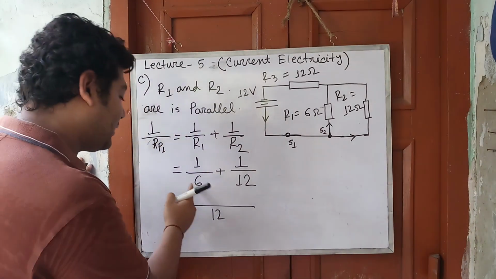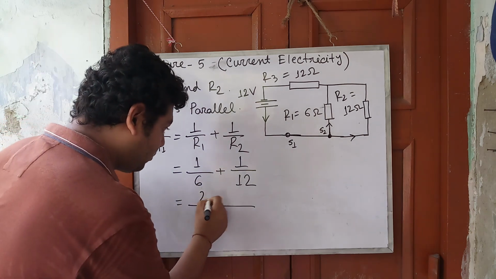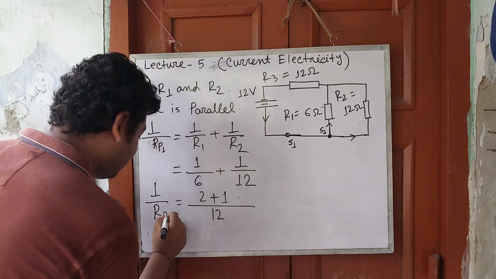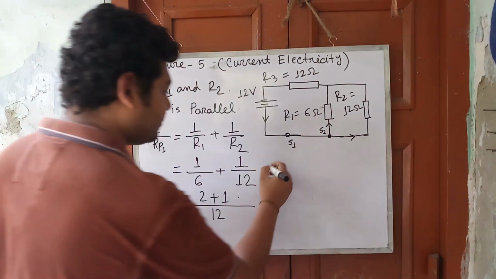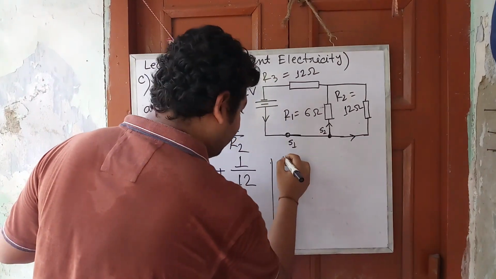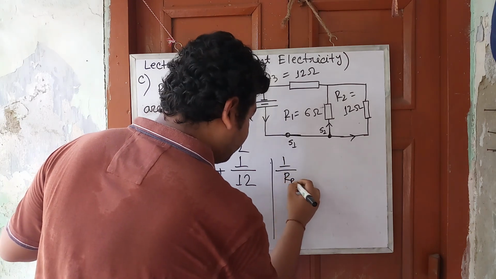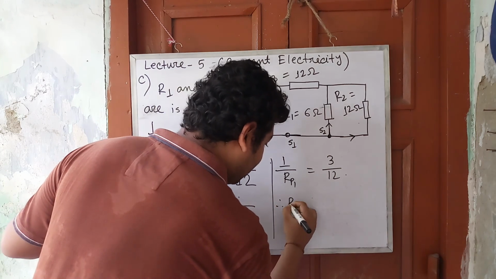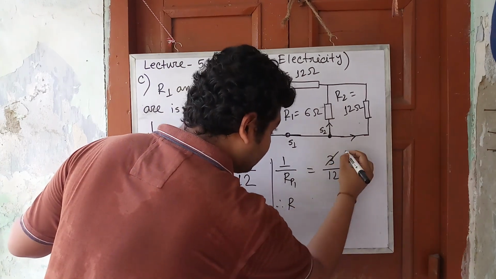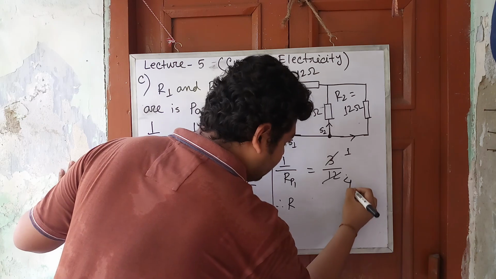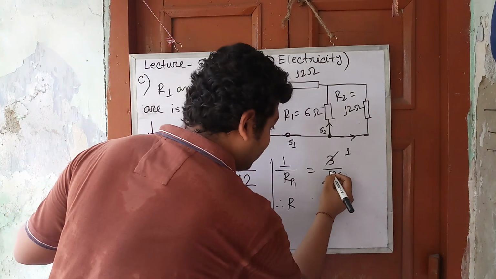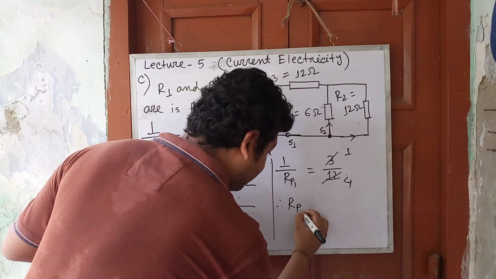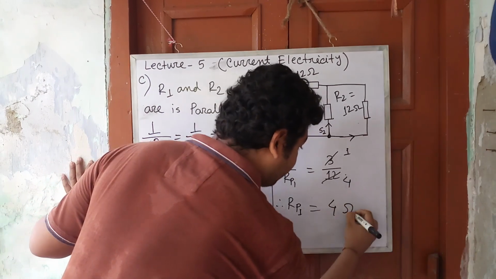So we can write 2 plus 1, and 1 by RP1 is 3 by 12. Dividing, we can write RP1 as 4 ohm.